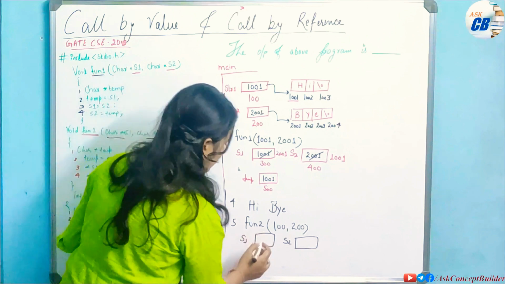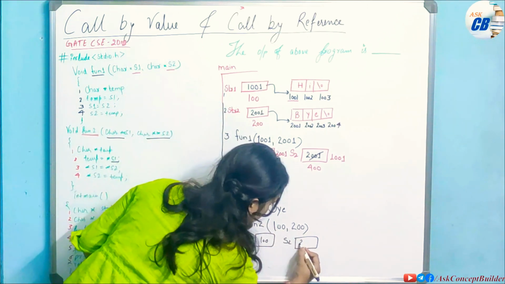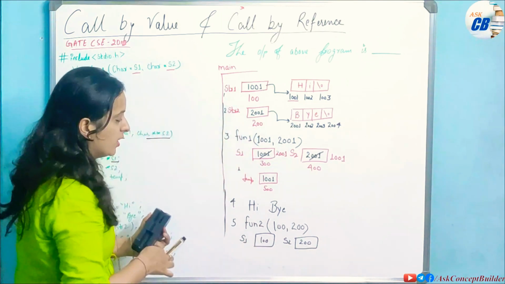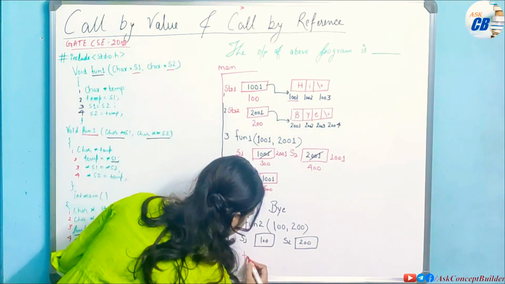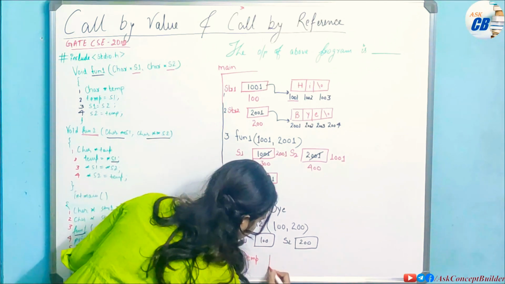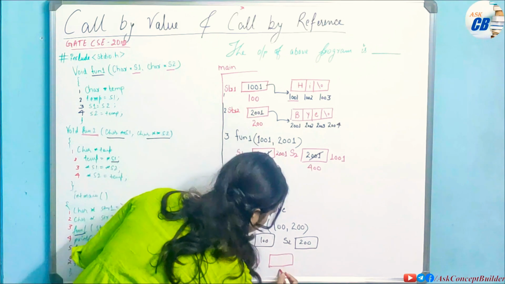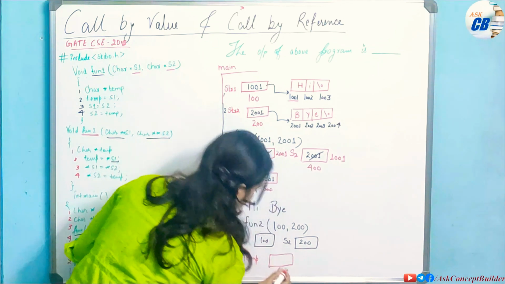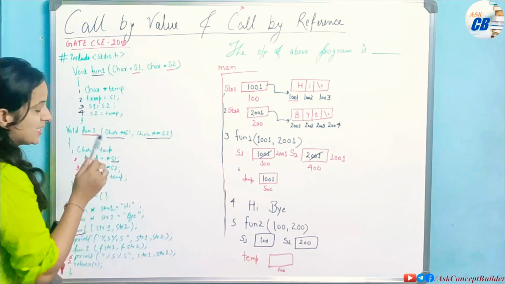Now this s1 is 100 and this s2 is 200. The temp variable is created, and let us suppose its address is 600. Now what is it doing in this step, temp equals *s1.